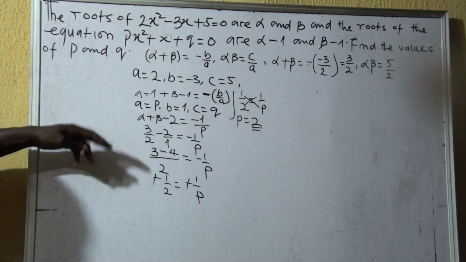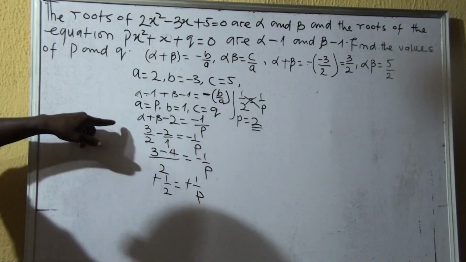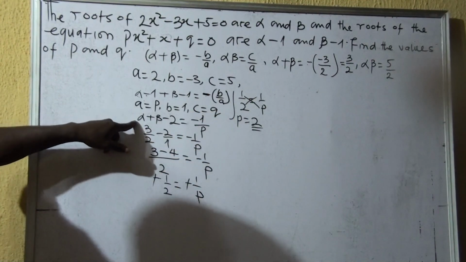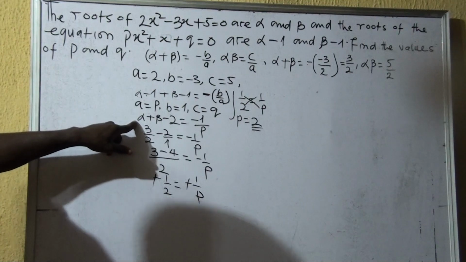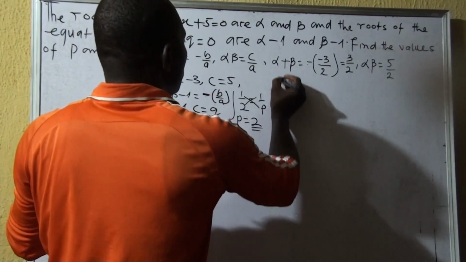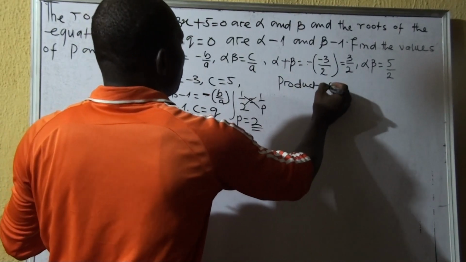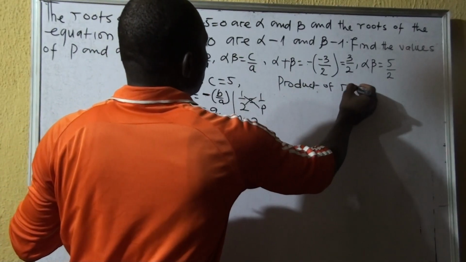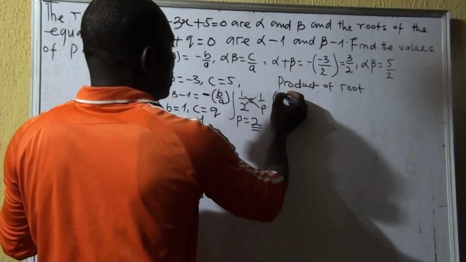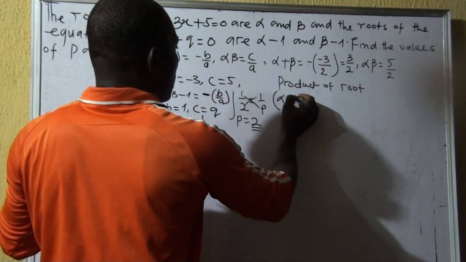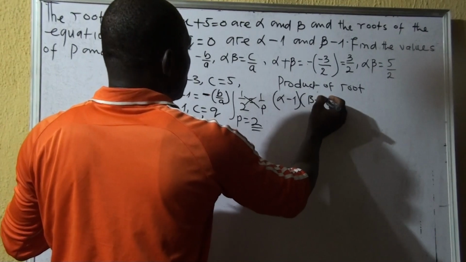Now that we know the value of p, and we have done the sum of roots for the second equation, let's find the product of roots. The two roots are alpha minus 1 and beta minus 1.